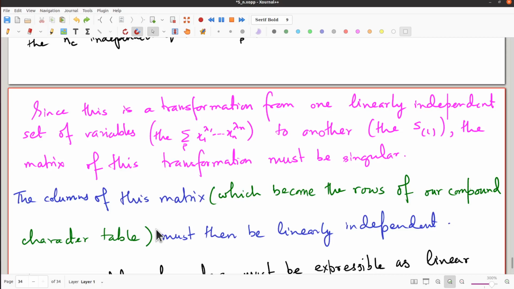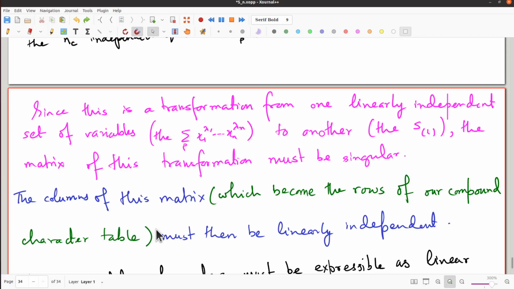Now, since this is a transformation from one linearly independent set to another, the matrix of this transformation must be non-singular, and the columns of this matrix, which end up becoming the rows of our compound character table, must then be linearly independent. Since you have nc linearly independent vectors, which are all combinations of the nc simple characters, the nc simple characters must be expressible as linear combinations of the Xi lambdas.